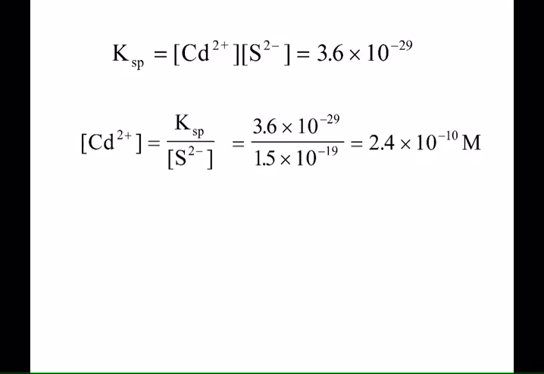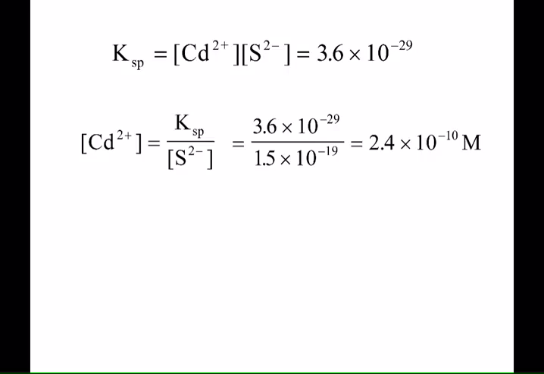So it looks like this: 3.6 times 10 to the minus 29th, that was the KSP for cadmium sulfide, over 1.5 times 10 to the minus 19th moles per liter, the molar concentration of the sulfide ion when the nickel 2 begins precipitating.